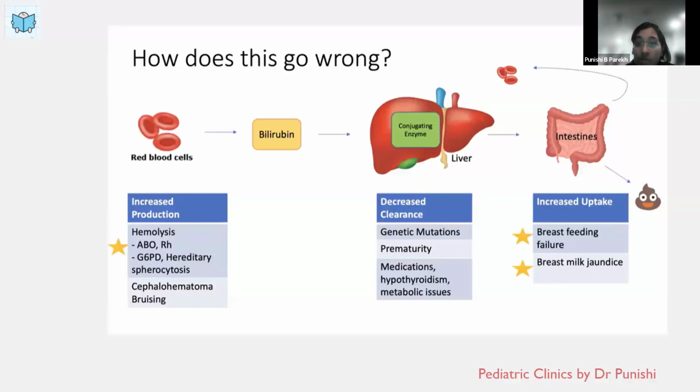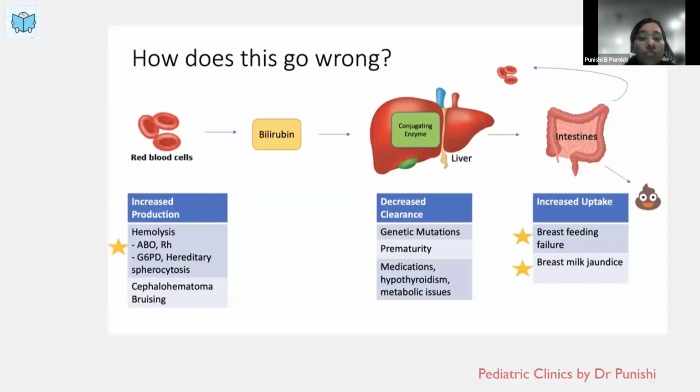There are two types of jaundice that come under this category. That's called the breastfeeding jaundice and the breast milk jaundice. Now remember these two terminologies, they sound pretty similar, but both of them happen because of different causes and happen at different time points. So we'll look at what breast milk and breastfeeding jaundice is in detail later.